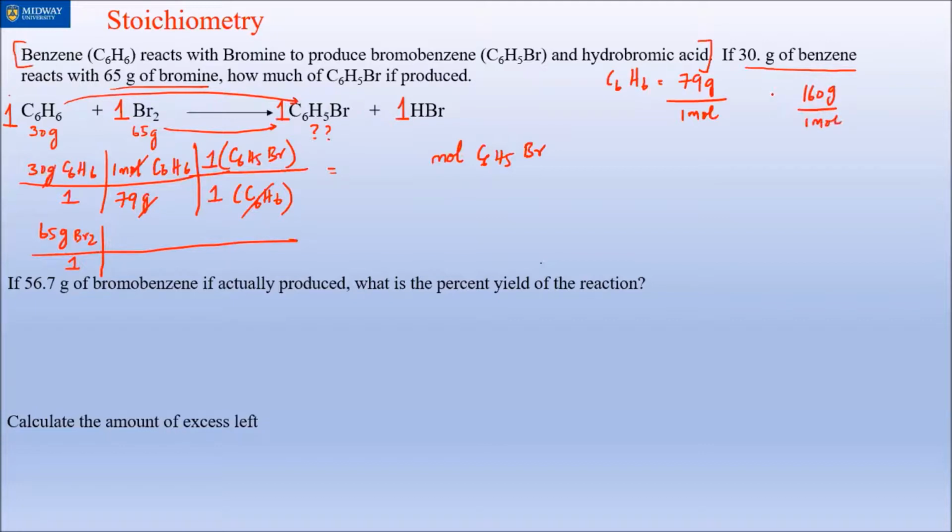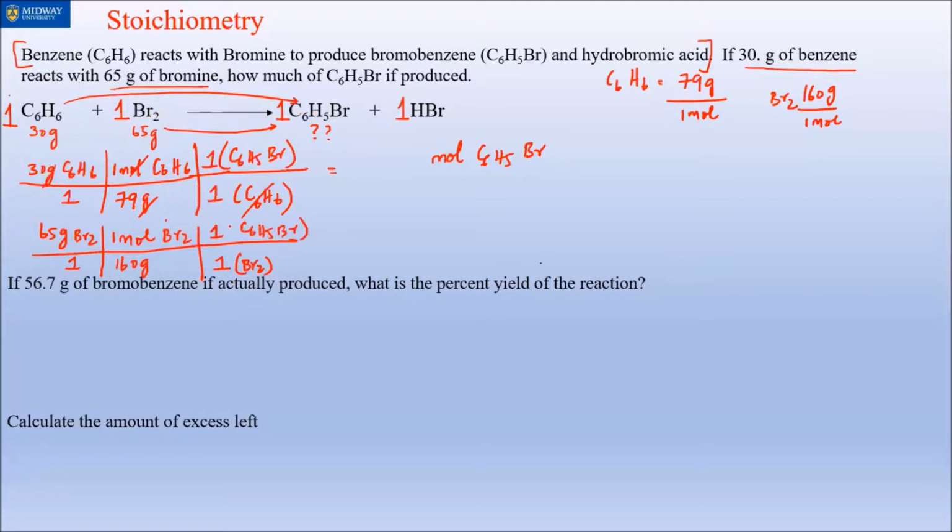That's Br2's molar mass, right? So 160 grams goes on the bottom because we are trying to get rid of grams to moles, and this is for Br2, and the ratio of Br2 to C6H5Br is again 1, so 1 Br2 goes on the bottom, the 1 C6H5Br on top.